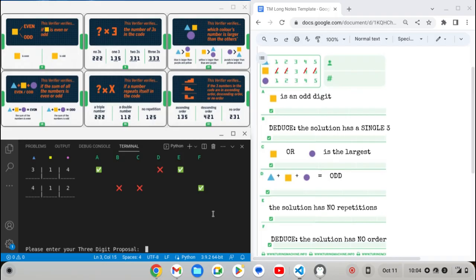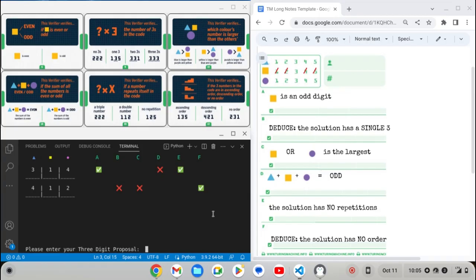There is a 3. Because how do you choose a... well, so it has no order.